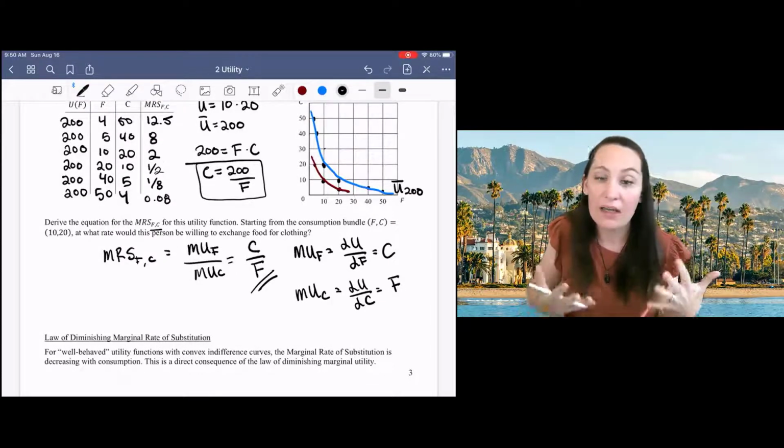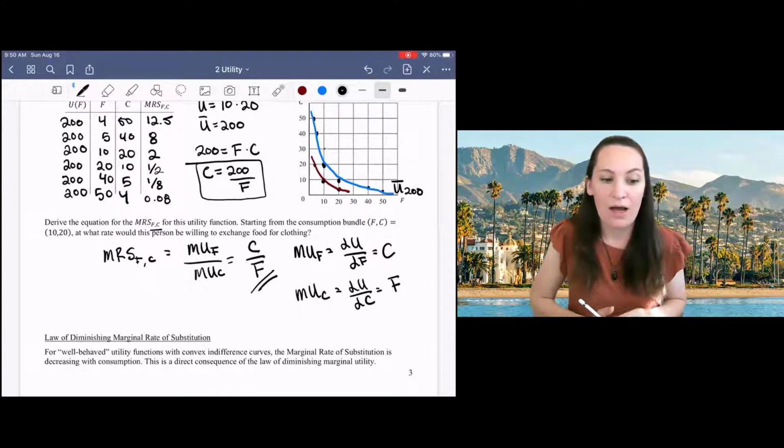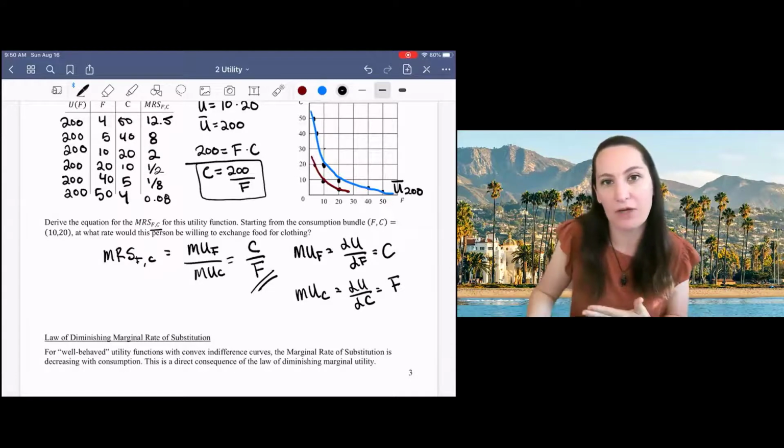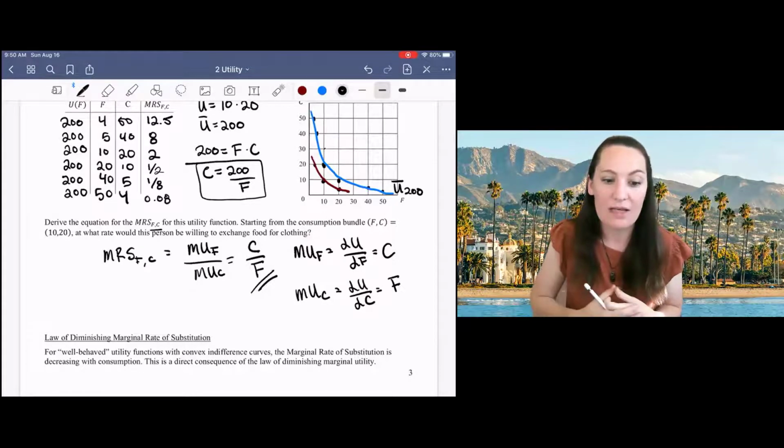This is only, again, applicable for our well-behaved utility functions, but you want to first understand this well-behaved case, and then we'll look at some variants of that moving forward. When we have these nice convex indifference curves, it also means that our marginal rate of substitution will be decreasing.